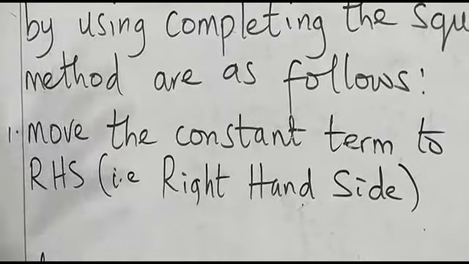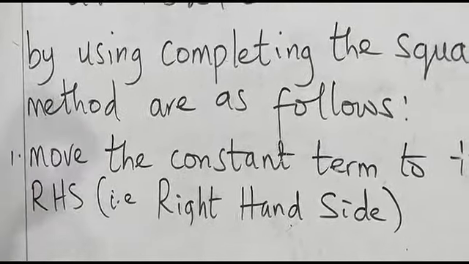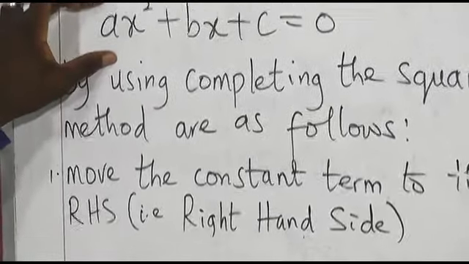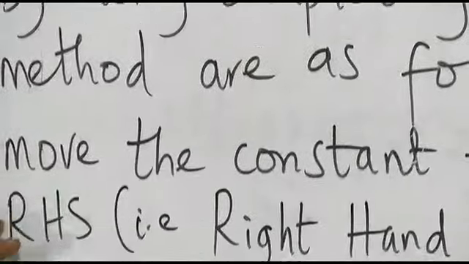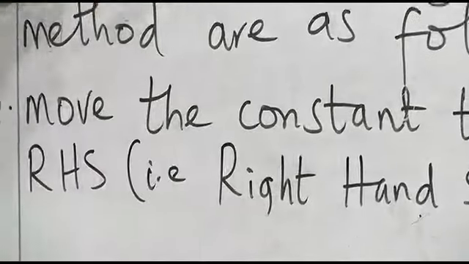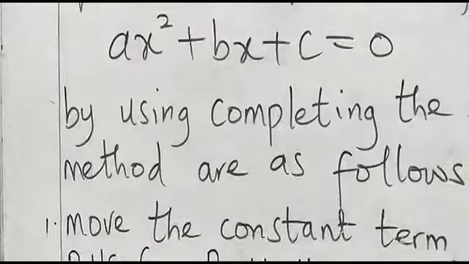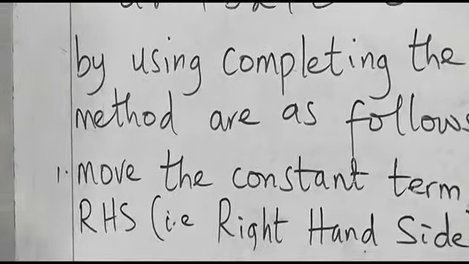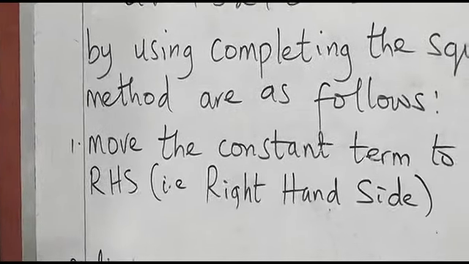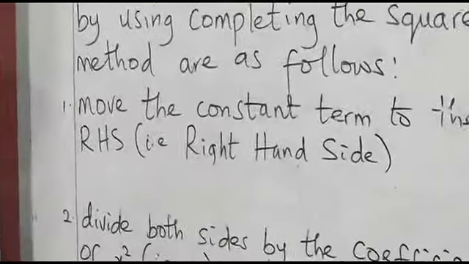Here, the steps to solve any given quadratic equation of this form are stated below, and we will be using each of the steps to solve this general form. The first step says, move the constant term to the right hand side.